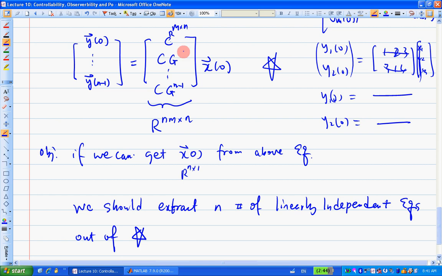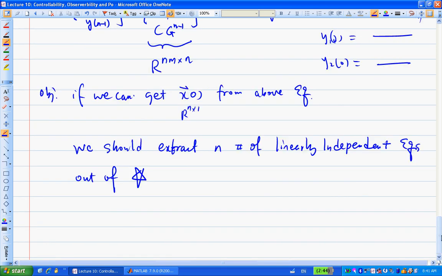Because there are more than n equations here, right? How many rows are here? There are nm rows, so there are nm equations. But if we can extract just n linearly independent equations out of this, then we're good.